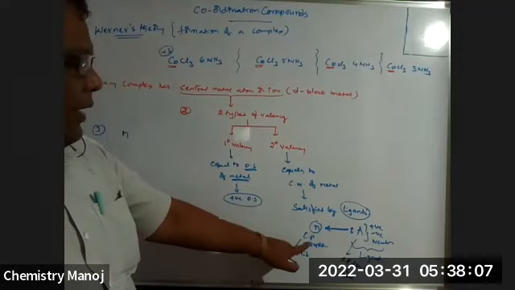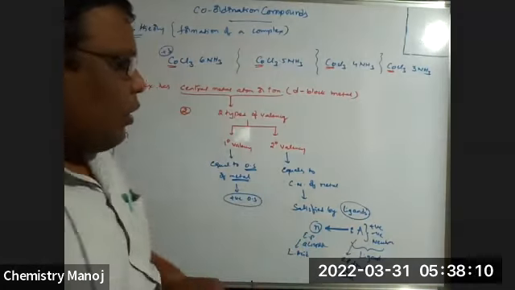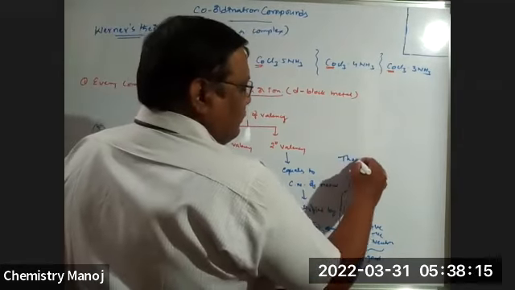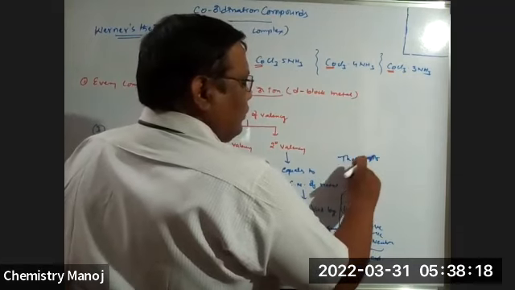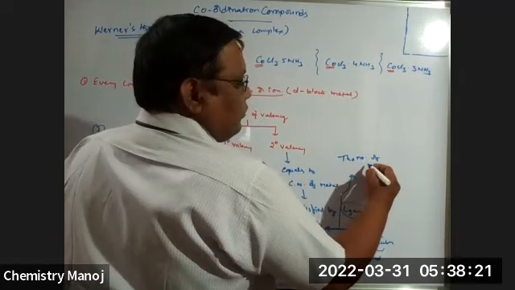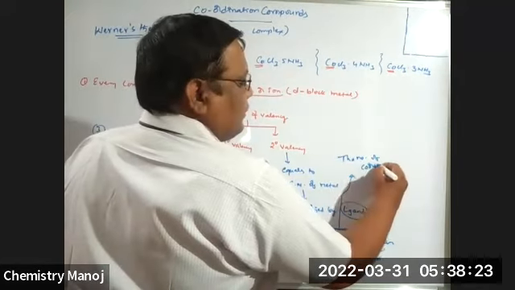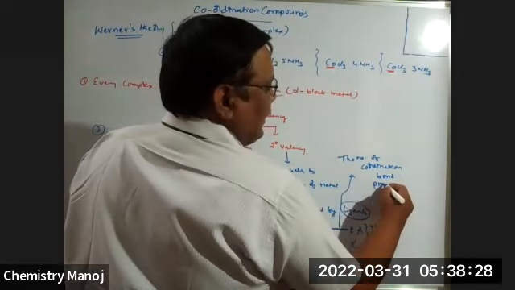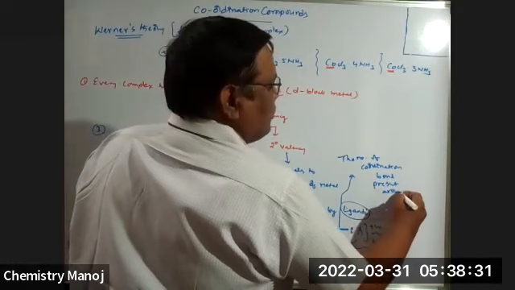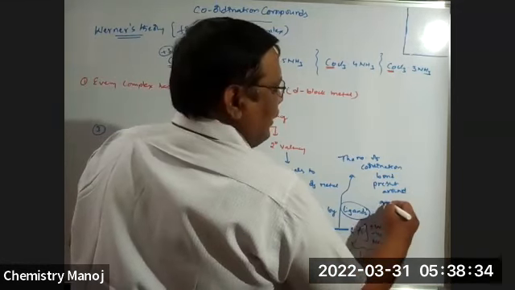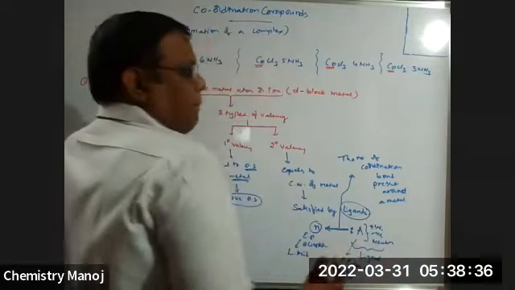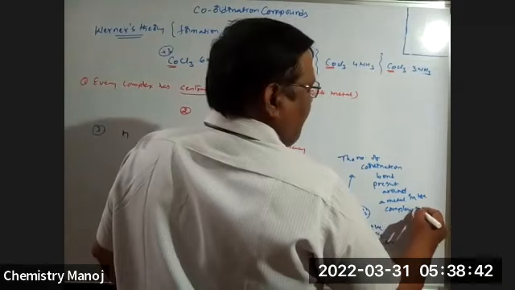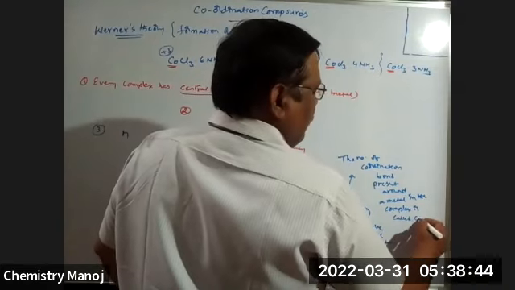So every metal atom has this. How many coordinate covalent bonds? See here, my answer: the number of coordination bonds present around a metal in the complex is called the coordination number.